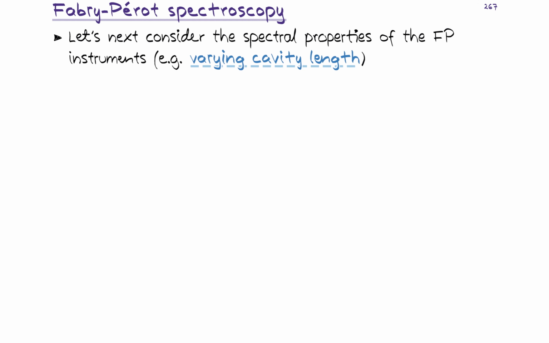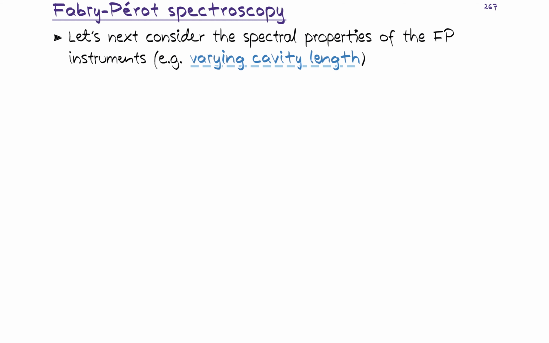One way of looking at it is that we are changing the cavity length of an interferometer, and we're now interested in looking into the details of how the change in the cavity length changes, for example, the peak frequency associated with the transmittance peak, and so forth.